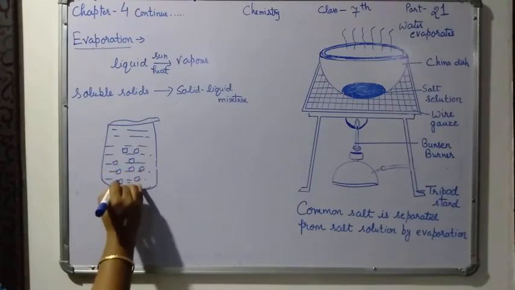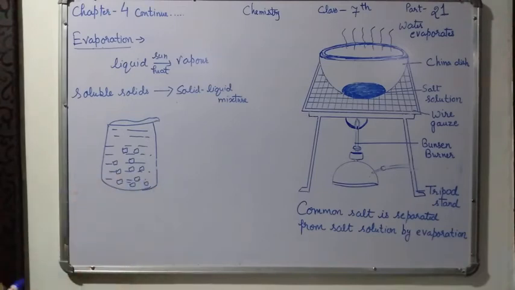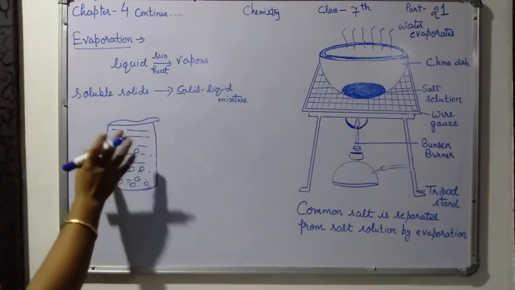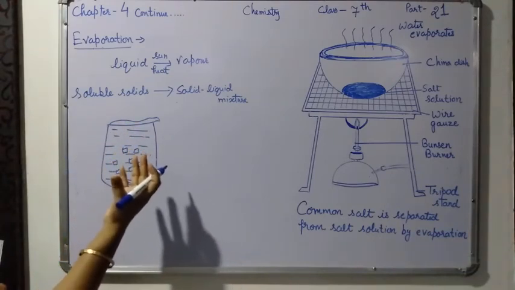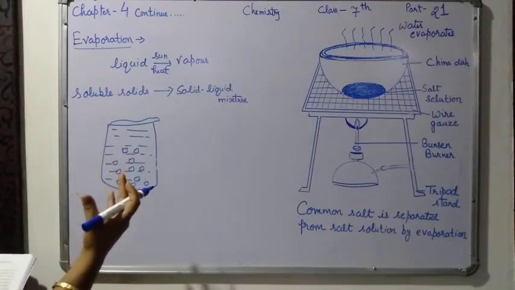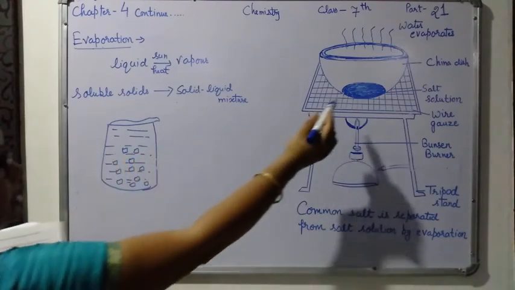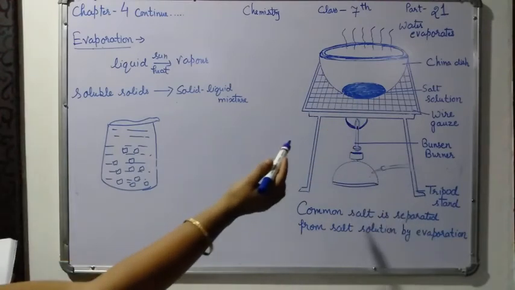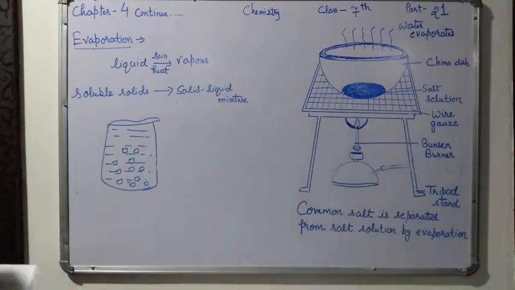You have to mix it well. Now take the salt solution. After mixing this salt in the water, you have to take some amount of the salt solution and keep it in a china dish and place it over the wire gauze and heat it by Bunsen burner.